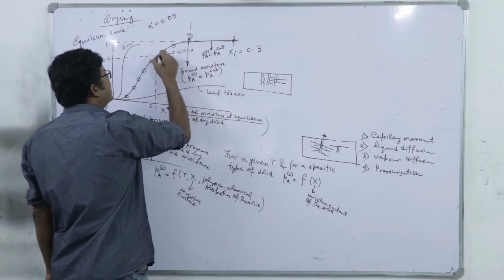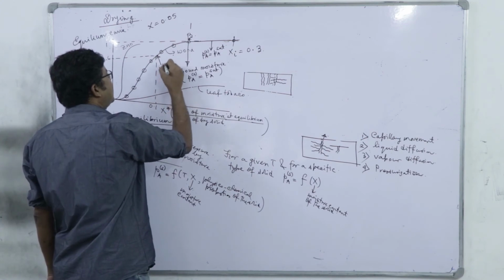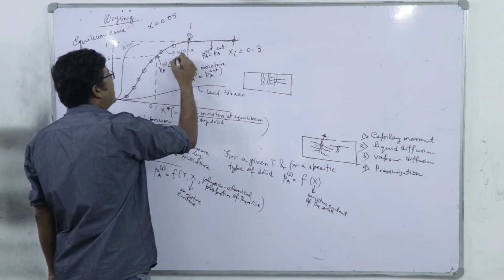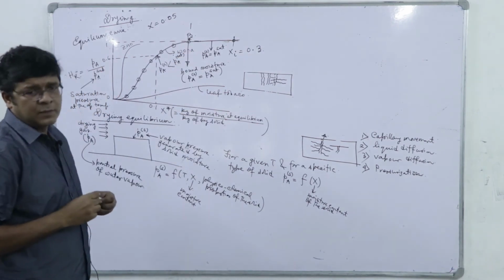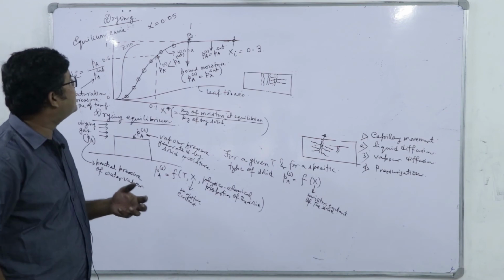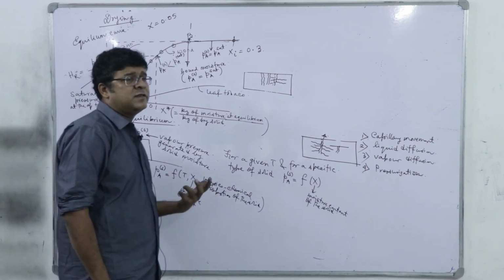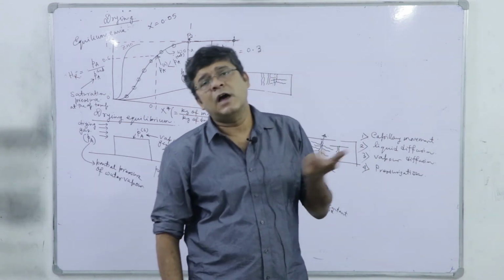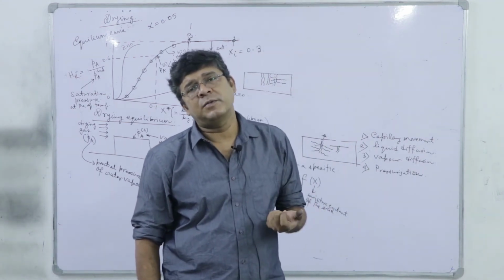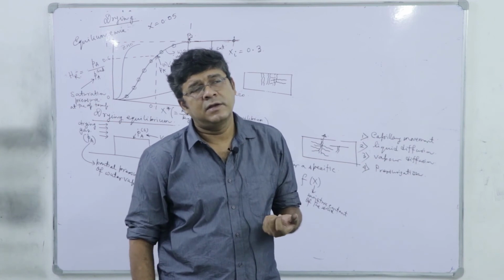But in this region, PAS is less than PSAT, otherwise it will not dry. Okay. So, bound moisture is a specific moisture content below which the vapor pressure exerted by the moisture of the solid is always less than the saturation vapor pressure, right.